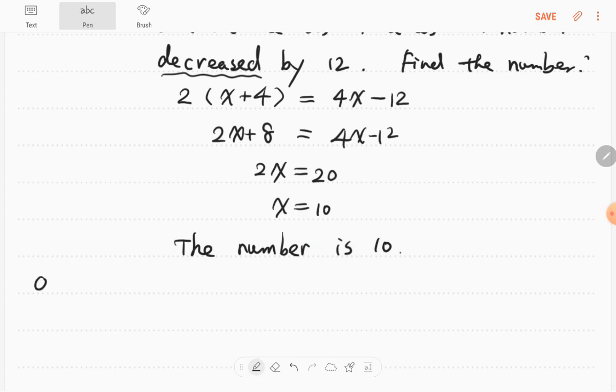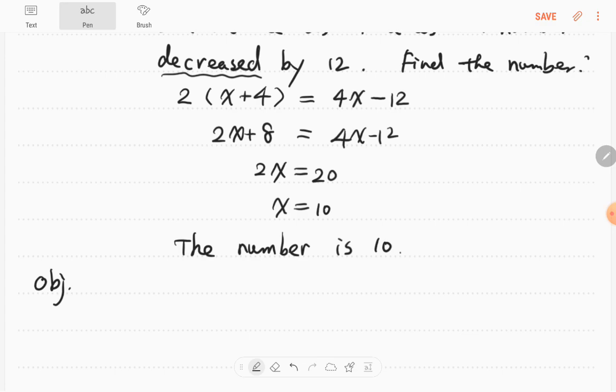So this is the first objective. First one is direct translation. So the next one will be to try to solve problems involving relationships among unknown quantities.